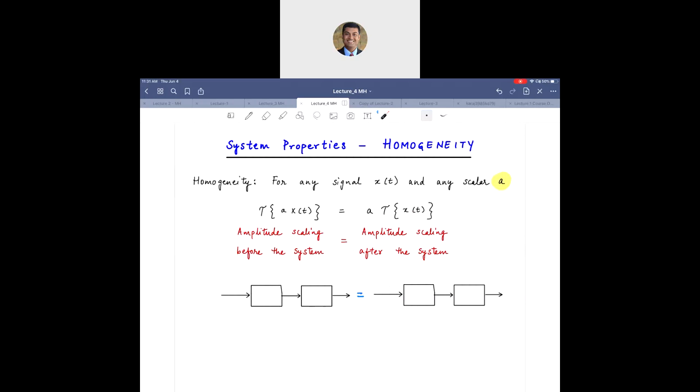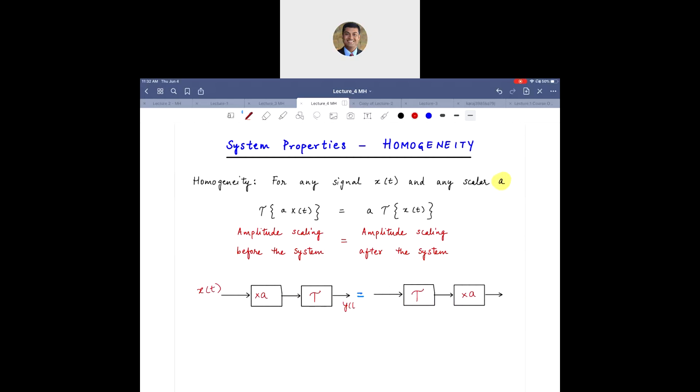So let's take a look at the consequence of these statements in the form of a block diagram. On the left, I have amplitude scaling before the system. So if this is my system, I am doing amplitude scaling before, multiplied by a before, and multiplied by a after. a is a scalar. x of t is the input. y of t is the output here.